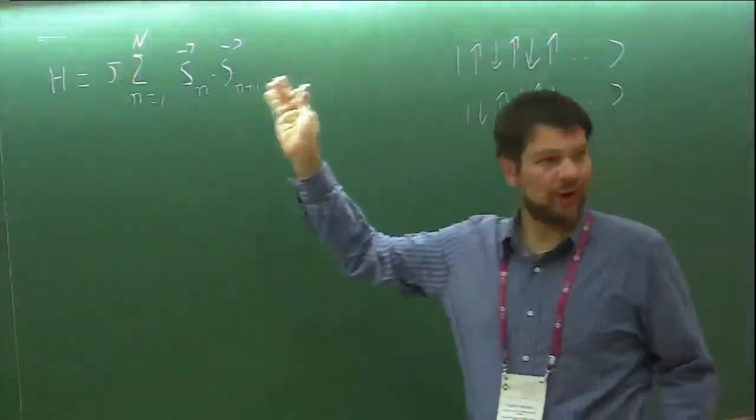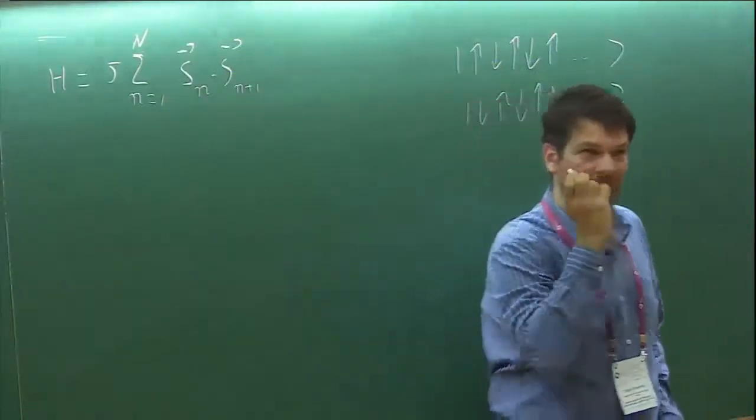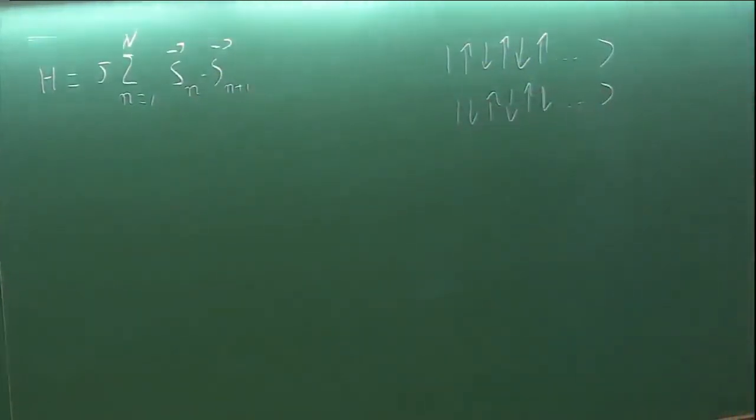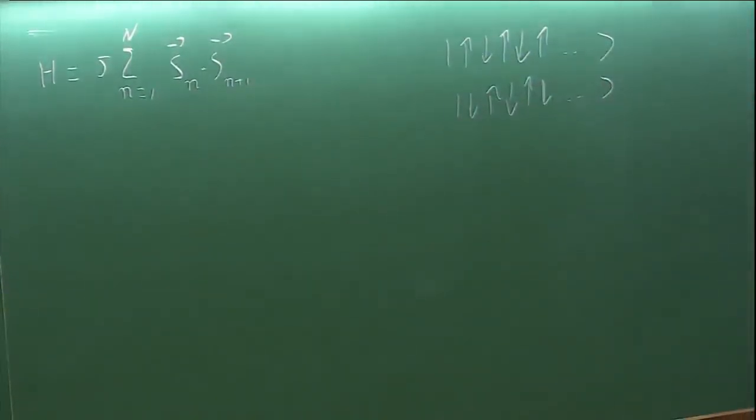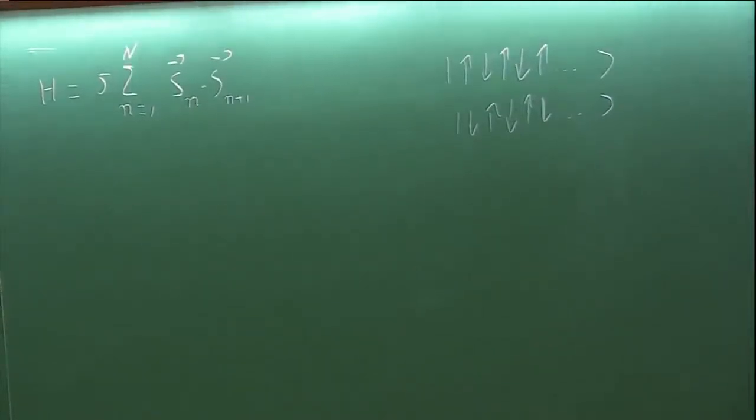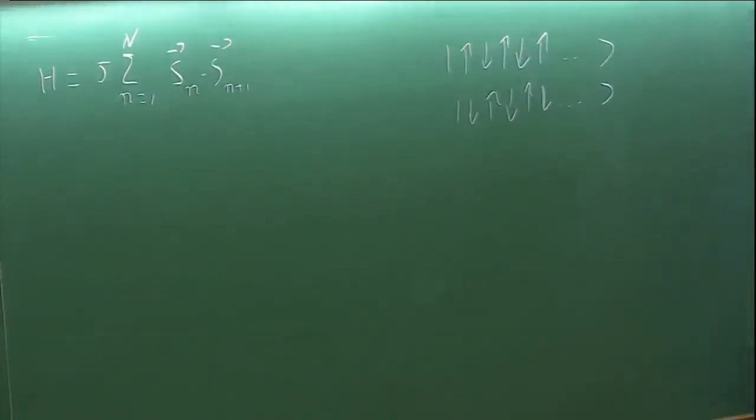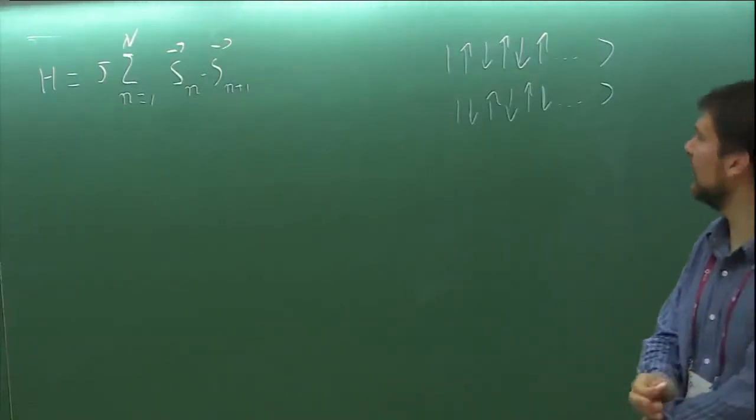Well, try to plug it in and see how far it goes, and you see that you generate a lot of other terms. So indeed, this is a reasonable approximation if you have some approximate Z2 symmetry, so if your spins are classical Ising-like.